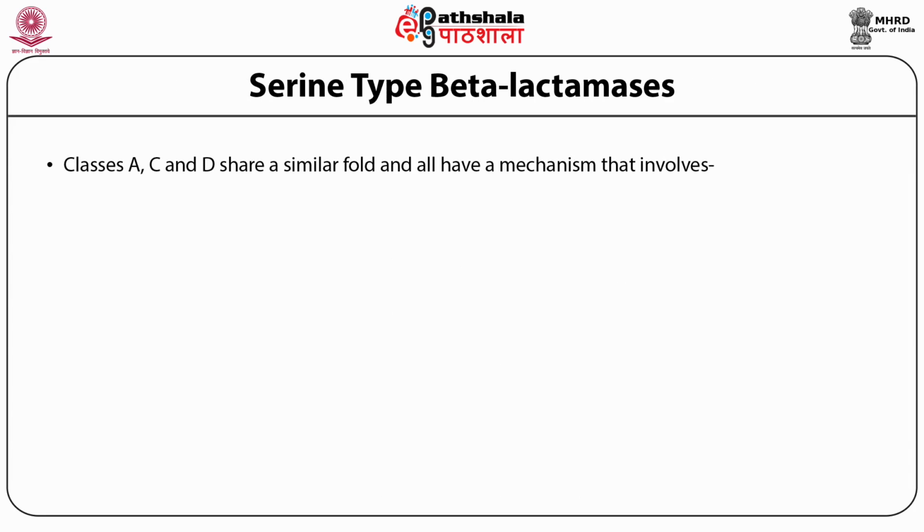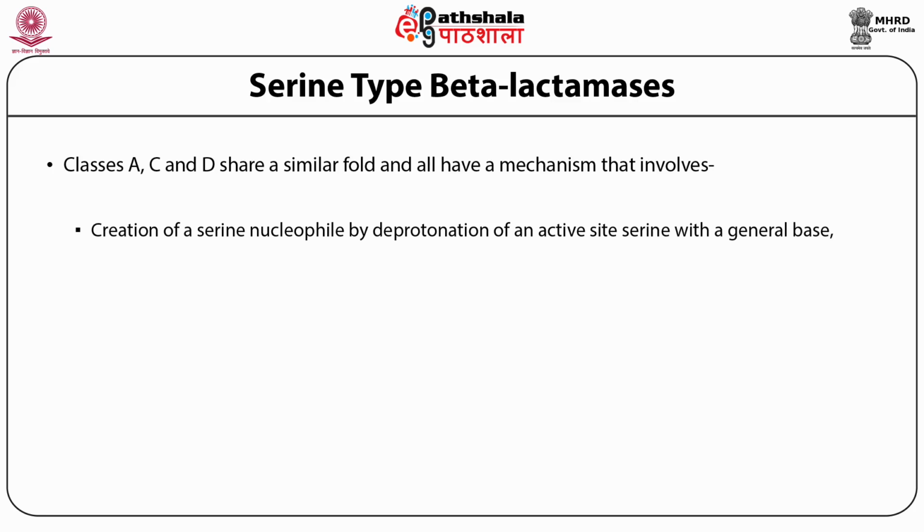Serine-type beta-lactamases structurally have similar folds and their mechanisms are quite similar. Their mechanism involves, first, creation of a serine nucleophile by deprotonation of the active site serine with a general base.